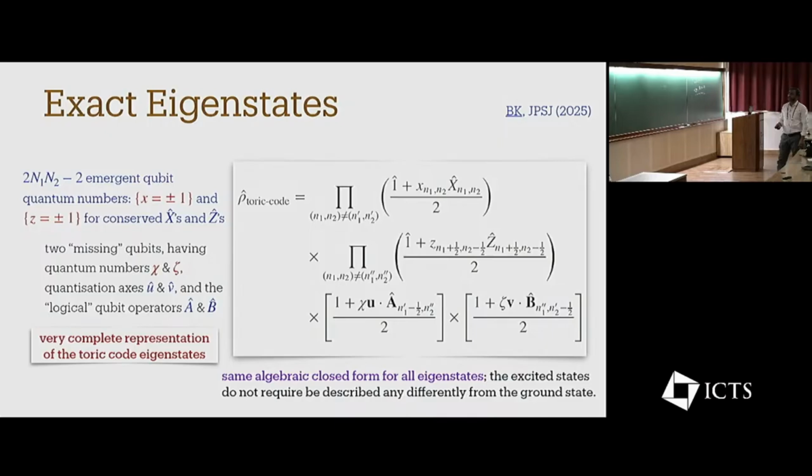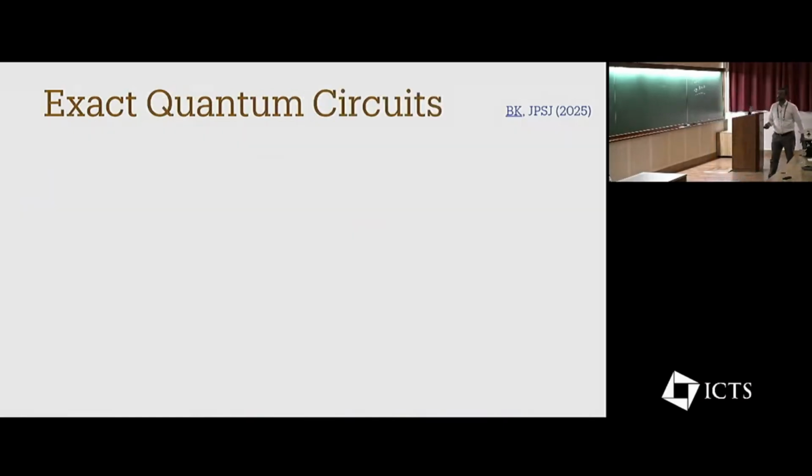It is probably the most complete expression written for Toric code eigenstates. Importantly, the excited states do not need to be described any differently from the ground state, which means this closed form expression applies to all states. So this whole business of having a ground state manifold and creating fluxes or particles, at least for this exercise, is not particularly exciting.